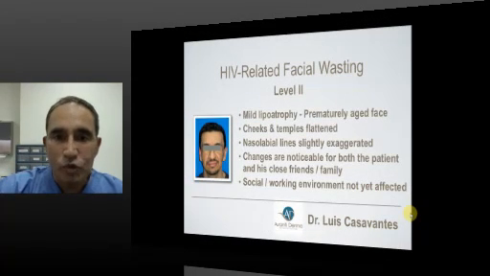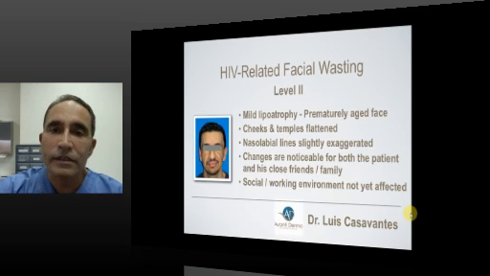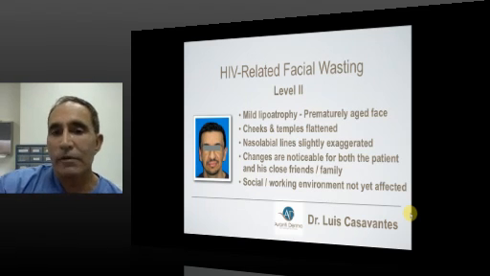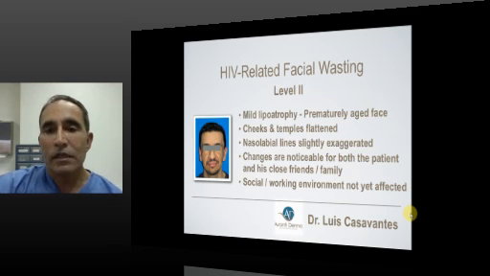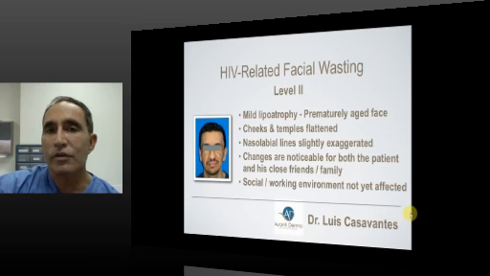Facial wasting level 2 is a little more, the individual is a little more affected, and it looks like a prematurely aged face where we can see the cheeks and the temples are flattened, the nasolabial lines are slightly exaggerated, and the changes start to be noticeable for both the patient and his close friends and family.